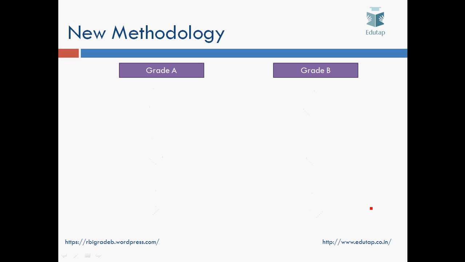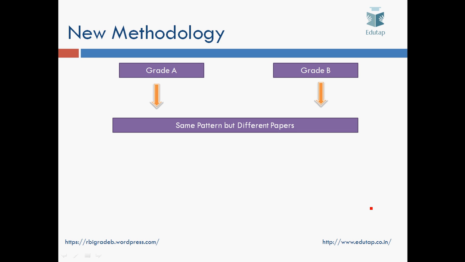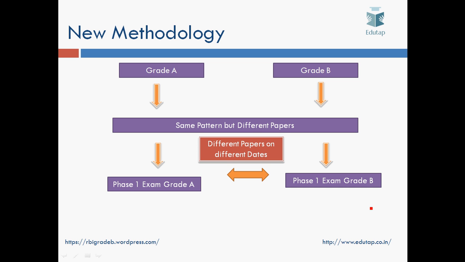Now what is there in the new methodology? In the new methodology, the pattern will be the same for Grade A and Grade B, but they both have different papers. That is, you will have to sit for 2 different papers if you have applied for both Grade A and Grade B. These 2 different papers will be held on different dates, or maybe at different times on the same date, one in the morning and one in the evening, but there is very low probability of that because it would become very hectic.